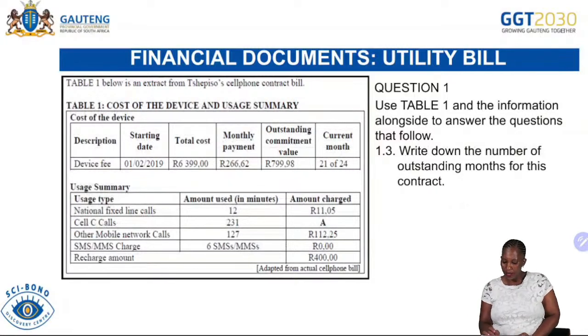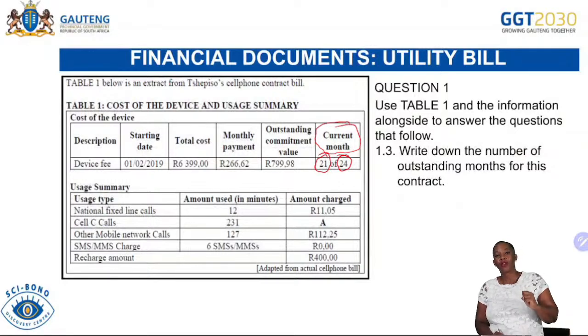It says write down the number of outstanding months for this contract. Remember what I said about the outstanding months. Now, for the current month, the information is there. They said it is 21 of 24. It means the contract was for 24 months, and they are on the statement for month 21.